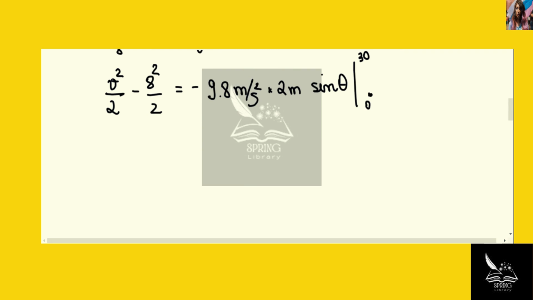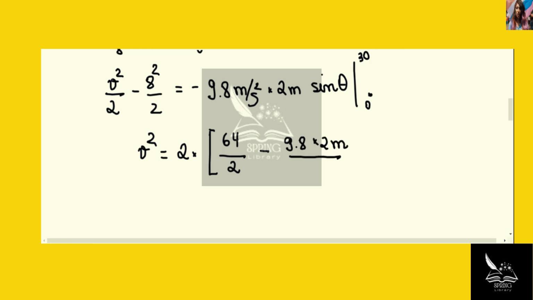from 0 to 30. So we have that v squared is equal to 2 times 8 squared over 2, that's 64, minus 9.8 times 2 meters, divided by 2, because the sine of 30 is 1/2.